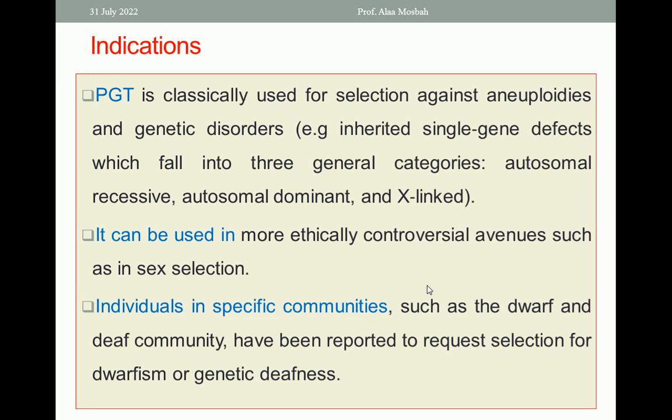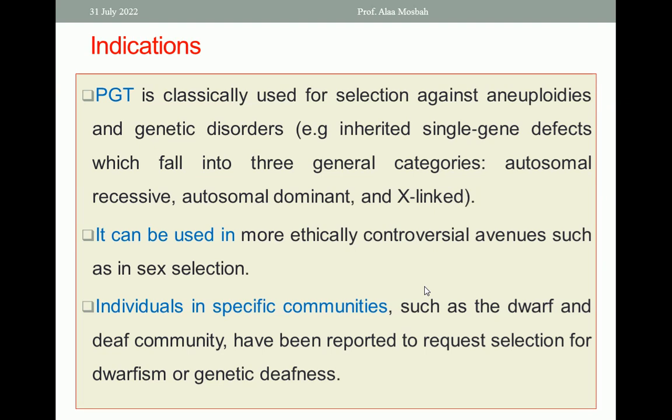Those who need a boy or girl can use this for sex selection, but this is ethically not approved by many obstetricians, and I am one of them. I refuse to do sex selection just for the family to have a boy or girl and not for a medical reason. So this is a matter of controversy ethically all over the world. Okay, and some obstetricians refuse to do that, and I'm one of them.